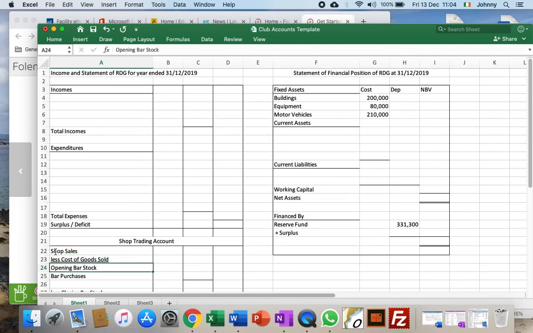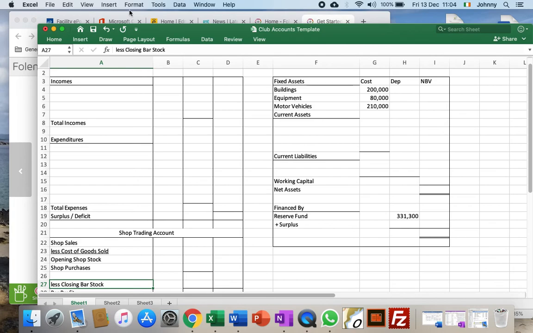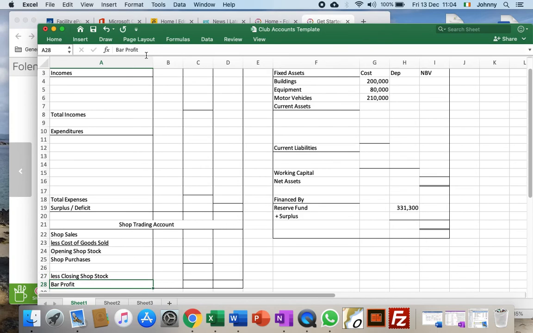We'll look for opening shop stock. We're going to look for shop purchases. We're going to look for closing shop stock. Okay, so that we can work out the profit on our shop.